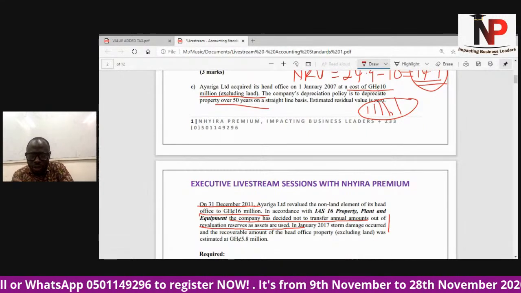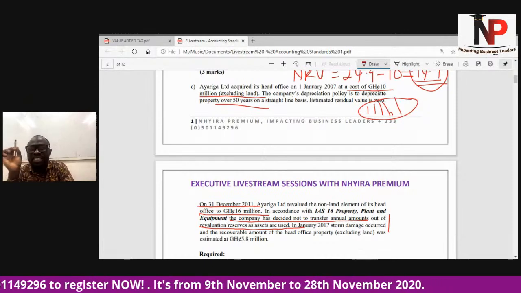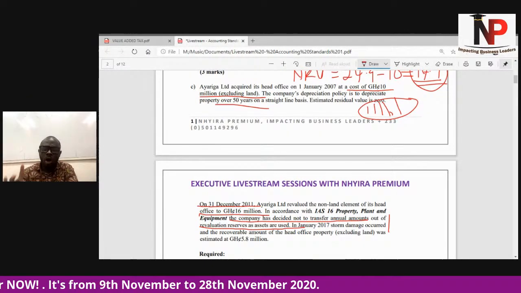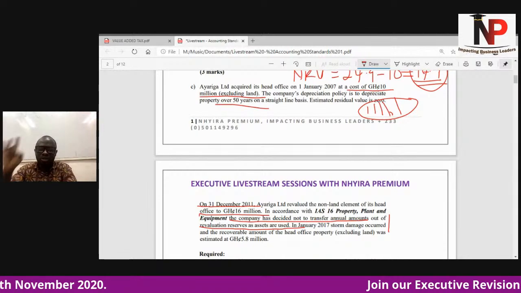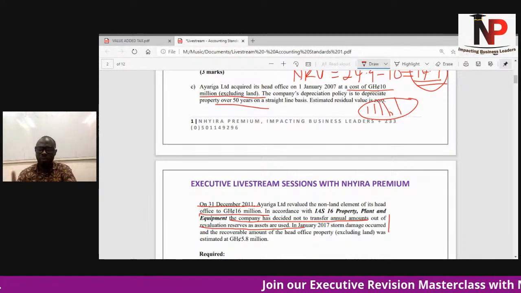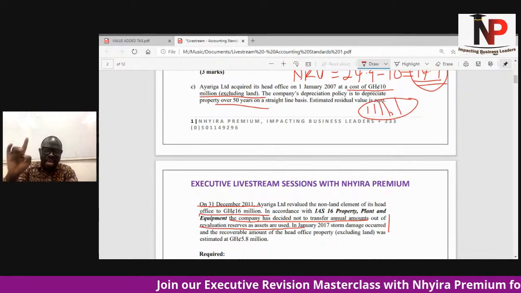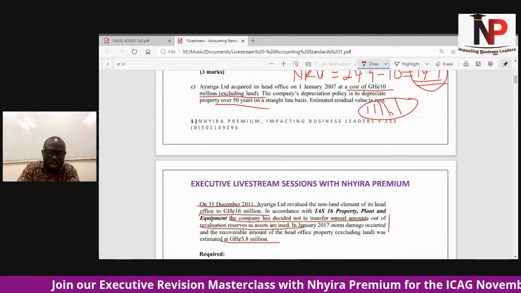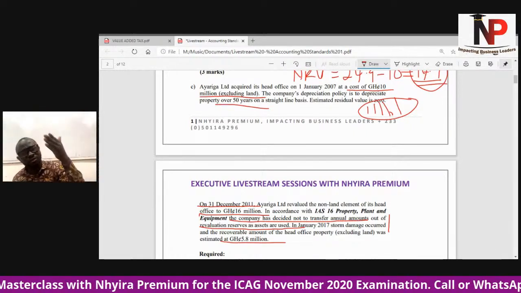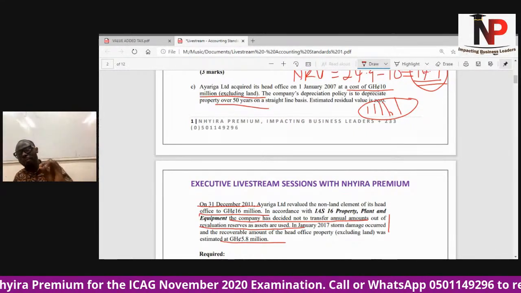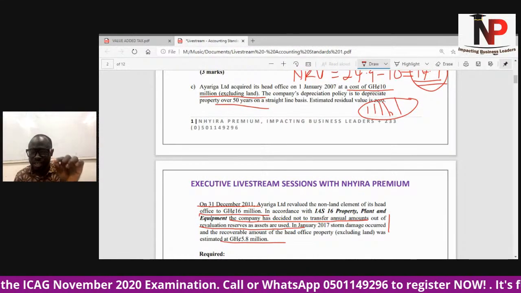But look at what is going on. In January 2017, storm damage occurred, and the recoverable amount of the head office property, excluding land, was estimated to be 5.8 million. So you got to ask yourself another question here. Remember, the useful life of the asset is 50 years.